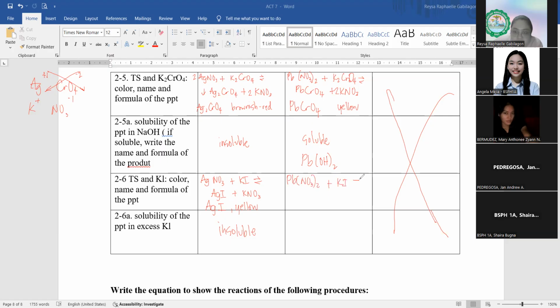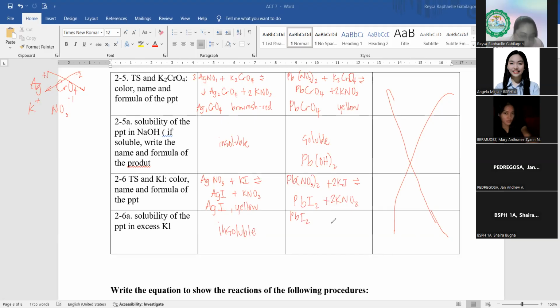Plus KI. Exchange partners still. So, PbI2. It has a 2 because the charge of lead is positive 2. When you crisscross, lead will have 1 and iodide will have the 2 as subscript. And then what is left is KNO3. Let's put a 2 here so it is balanced. Okay? And the PbI2 is our precipitate. What is the color of your precipitate here?